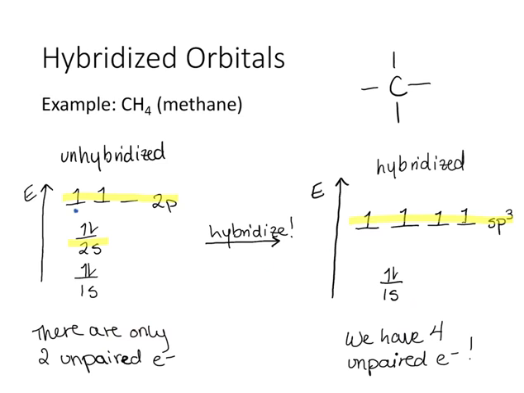So we had 1, 2, 3, 4 that were combined to make 4 sp3 hybrid orbitals. And then we put each of those 4 electrons in their own orbital. So they were unpaired, and now we could make those bonds with each of the 4 hydrogens in methane.